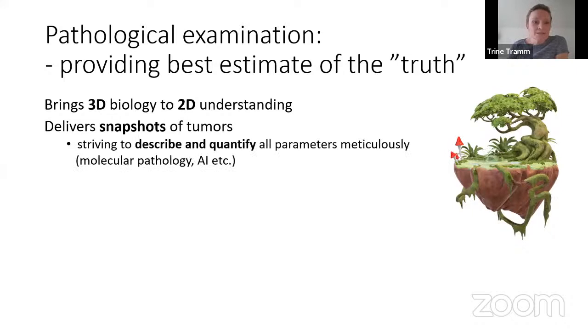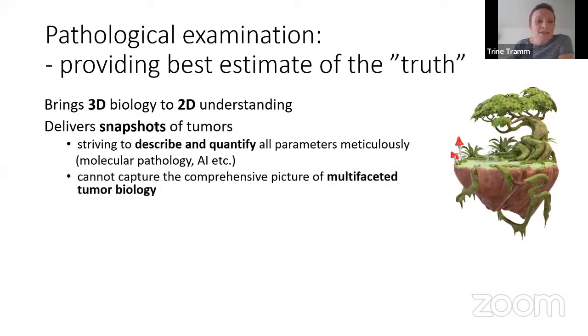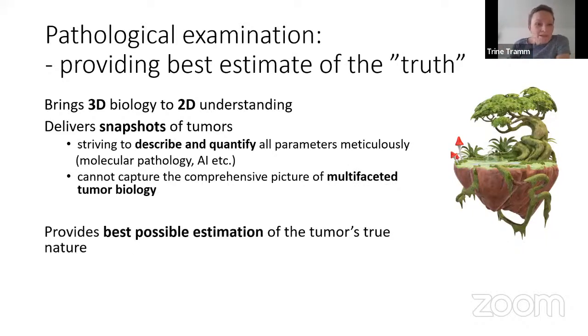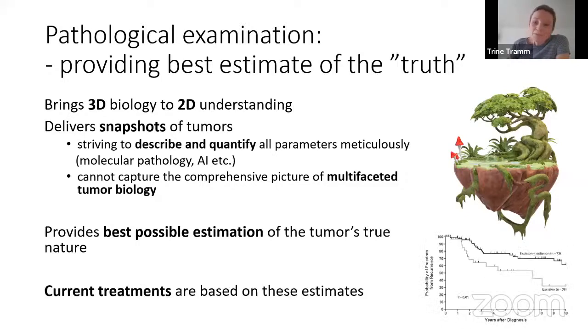And though we're constantly striving to describe and quantify all the prognostic and predictive biomarkers very clearly and meticulously, what we end up with is that we cannot in any way capture this completely wonderful and multifaceted tumor biology. So what we do is provide the best possible estimation of the tumor's true nature. But luckily, the current treatments are actually based on these estimates, and that counts also for margins.